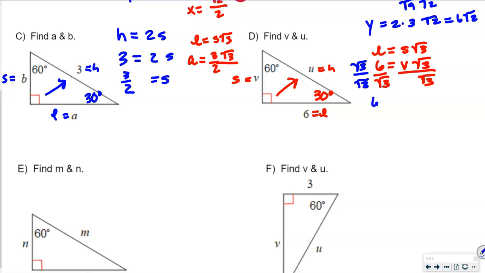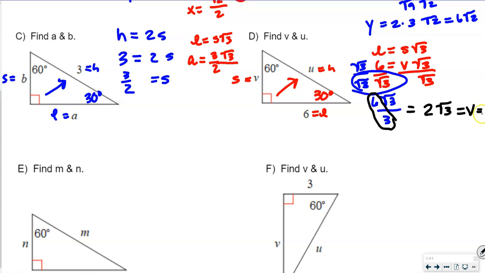So that's going to be 6 square root of 3. Remember, when we do this, we get that 3. And we can simplify this right here because 6 divided by 3 is what? 2. So that's 2 square root of 3, and that's equal to our V. Okay, and that's also our short leg, remember.